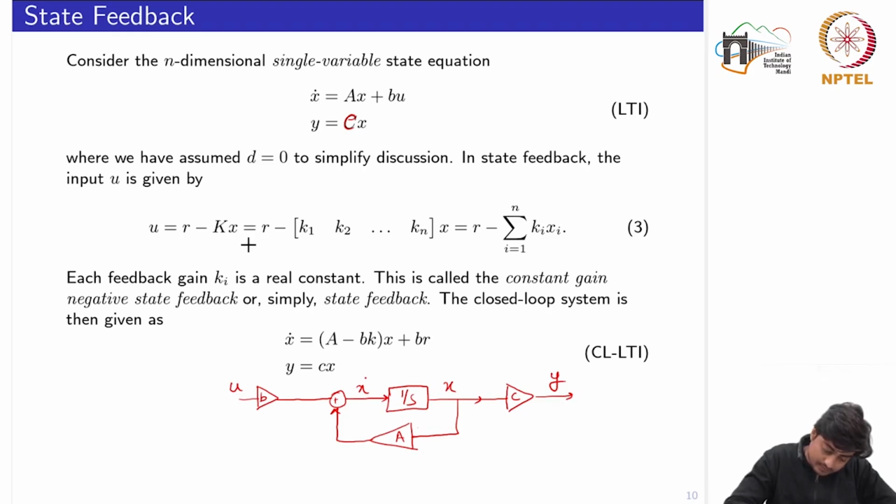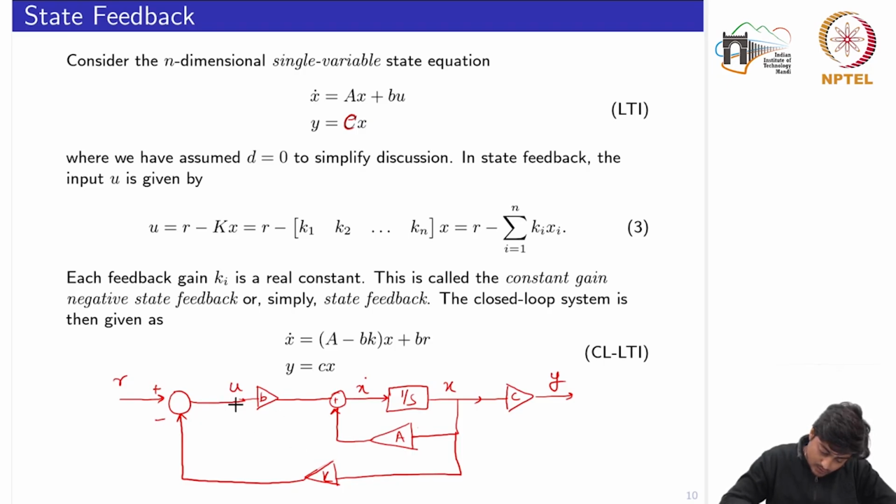Now when we implement this u, we have this gain k from x, and some reference trajectory r, which yields a signal u.